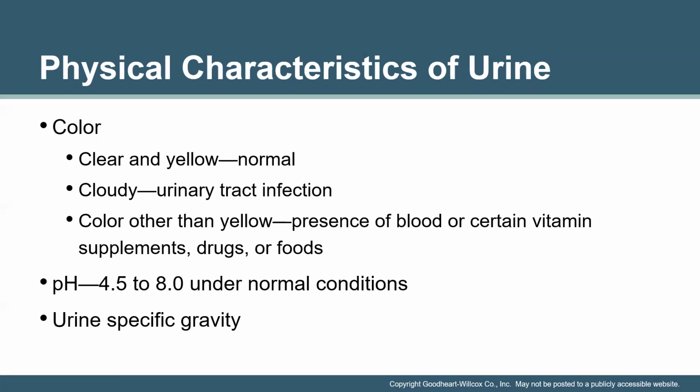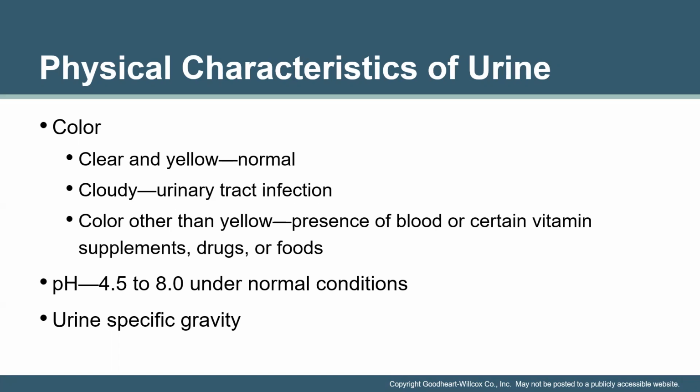So the physical characteristics of urine. The color should be clear and yellow, which is normal, cloudy from urinary tract infection. And a color other than yellow might indicate the presence of blood or vitamins, minerals, something from ingestion within it.